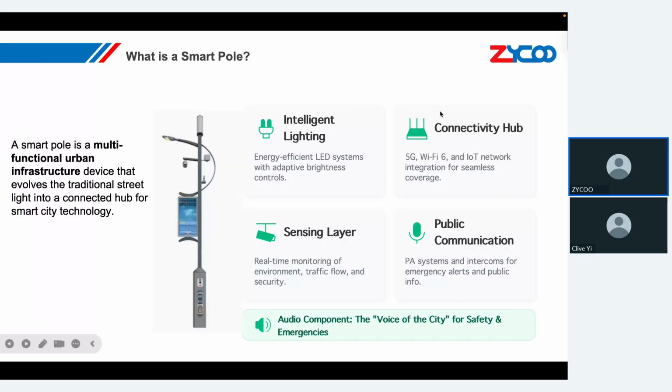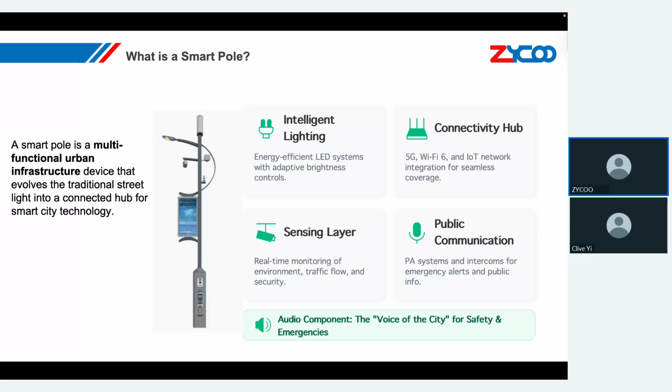And the connectivity hub. So for some smart poles, it provides network for visitors or pedestrians. Some can provide 5G network or Wi-Fi and IoT network integration for seamless coverage. And some even have sensors, different types of sensors.